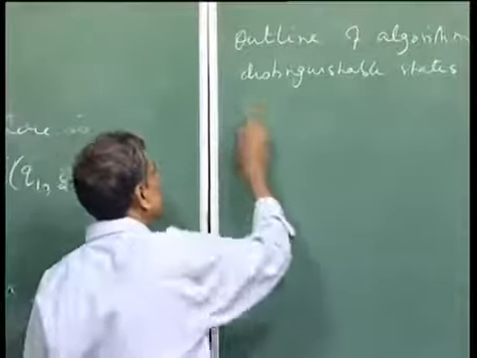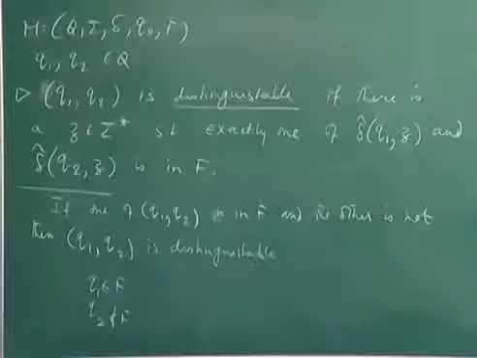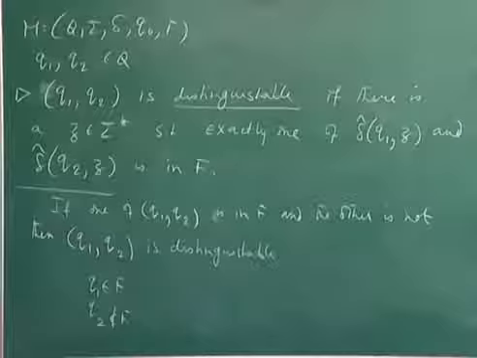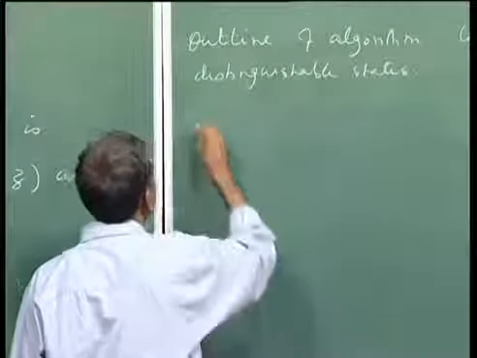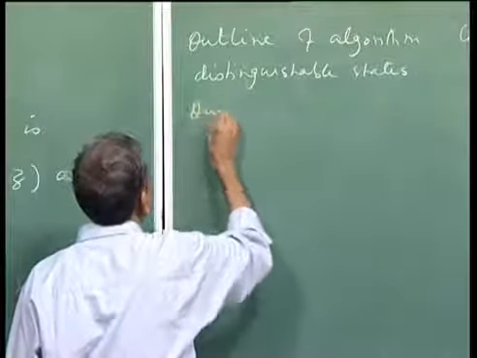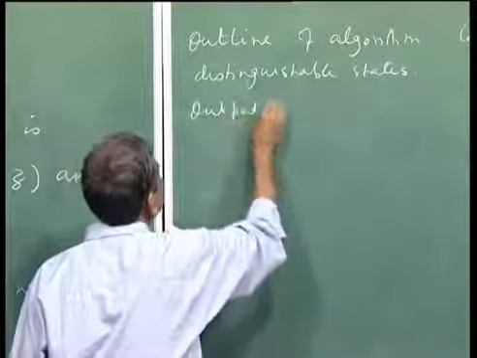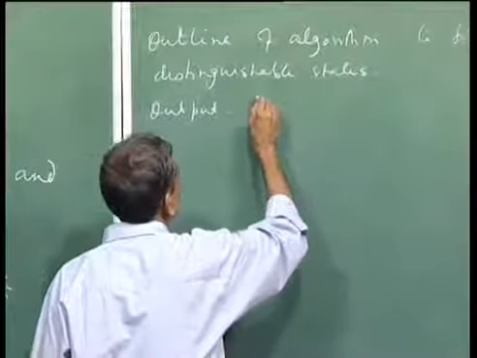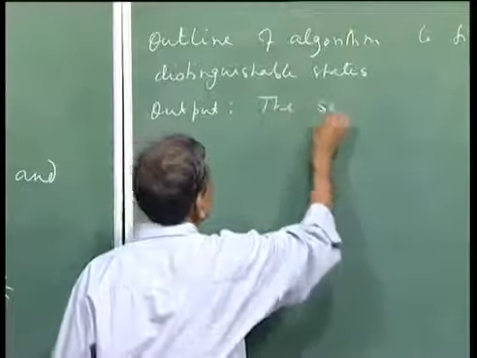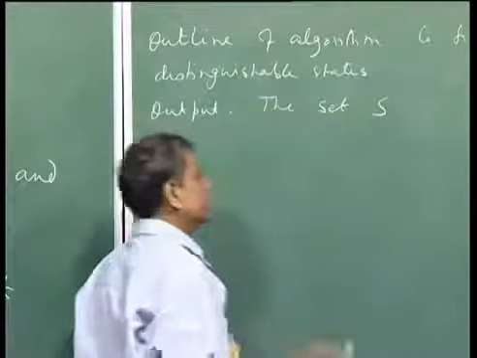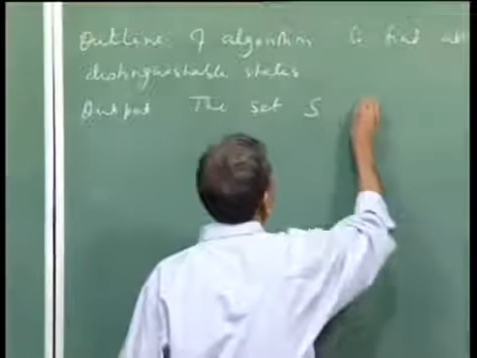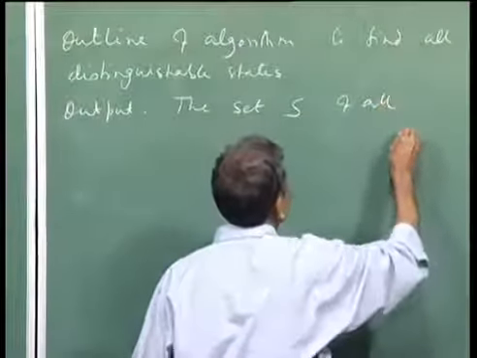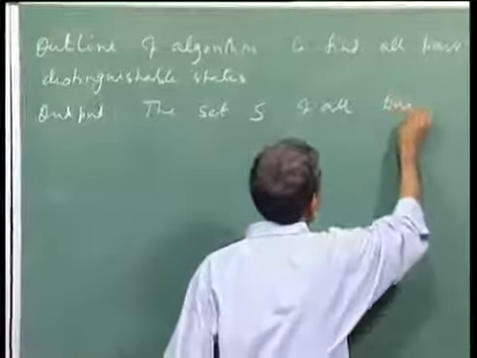So the initialization will start from this observation. So let us see what is the desired output. Output should be the set S, let us say, of all pairs of distinguishable states.